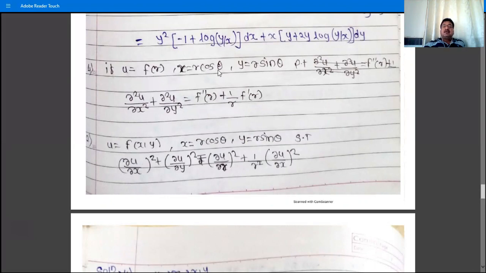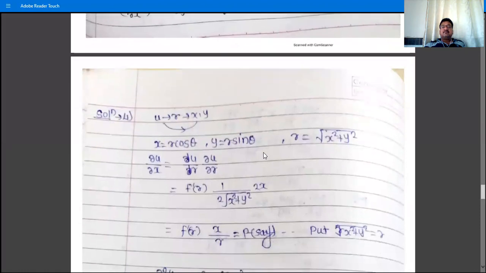If we square and add these, then r is what? Root x square plus y square. Because x square plus y square is r square cos square theta plus r square sin square theta, and that is r square, and therefore r is root x square plus y square.